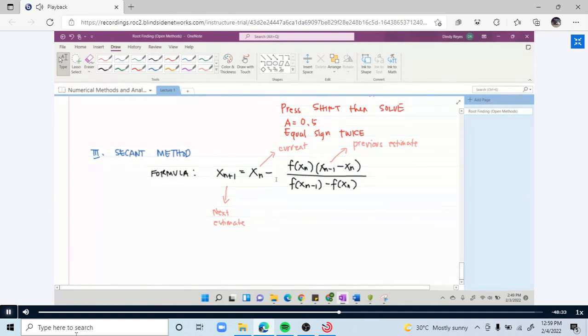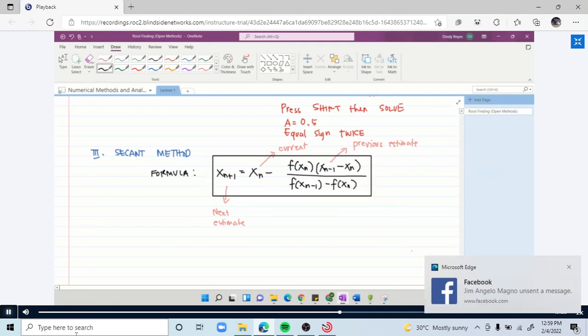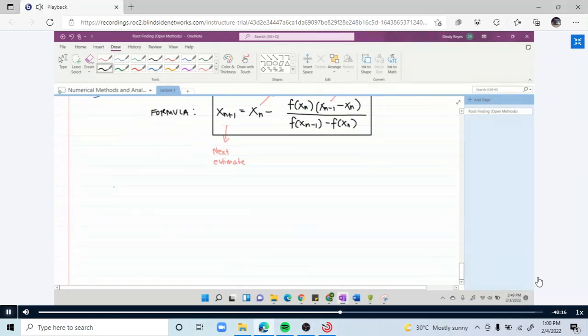All right. This is our formula. Okay, solve. Find the first positive root or the smallest positive root of the same equation, x cubed minus x squared minus 2x plus 1 equals 0.